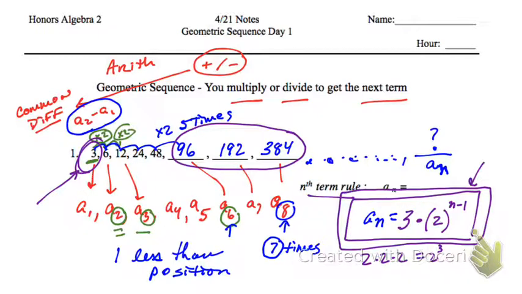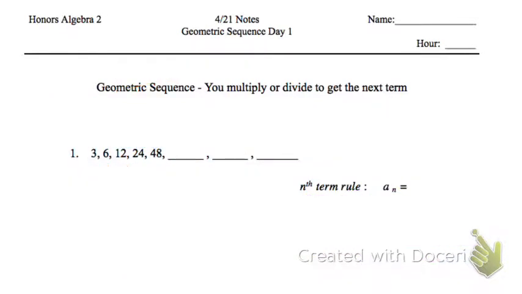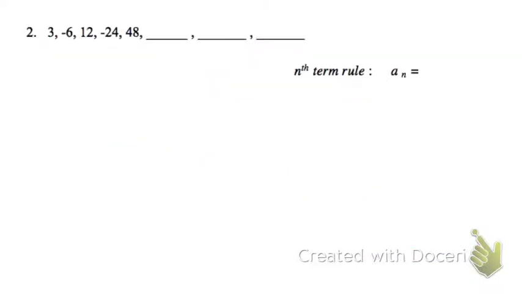Now, one thing that can happen with a geometric sequence that couldn't happen with an arithmetic is this. This is the exact same sequence, except you see the second term is -6. Well, let's just simply stop right there. What would that r value be? That's what we call the common ratio, is our r value. Our r value would be -6 divided by 3, which is -2.